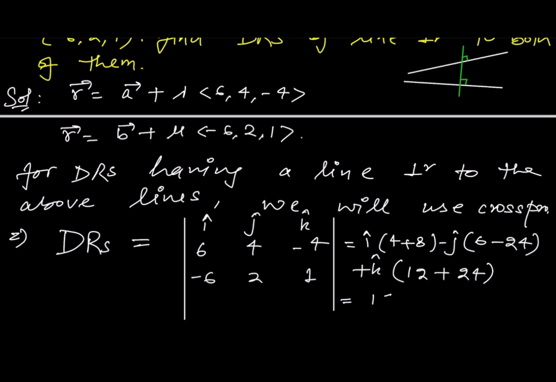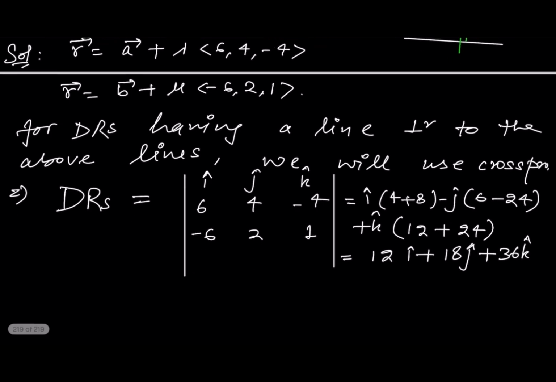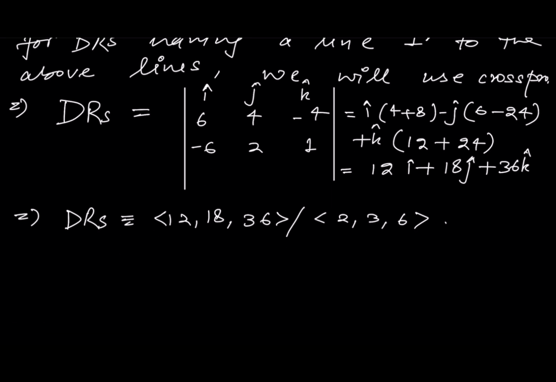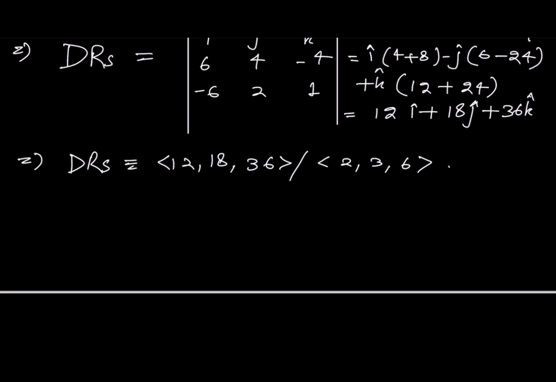So this is 12 i cap plus 18 j cap plus 36 k cap, or DRs be 12, 18, 36 or 2, 3, 6. Okay, both are correct. You can stop at this point, 12, 18 and 36. I am writing it down.